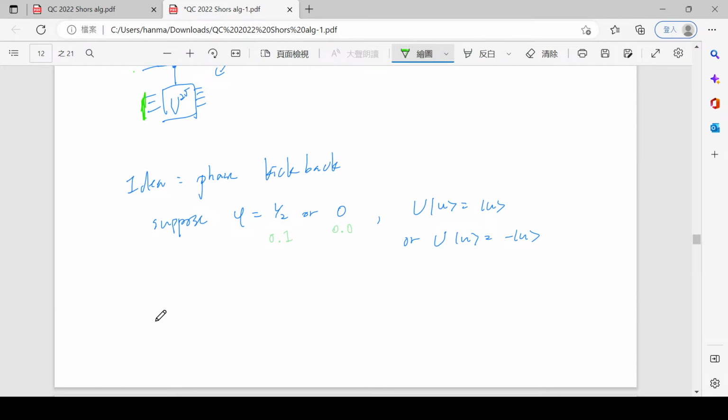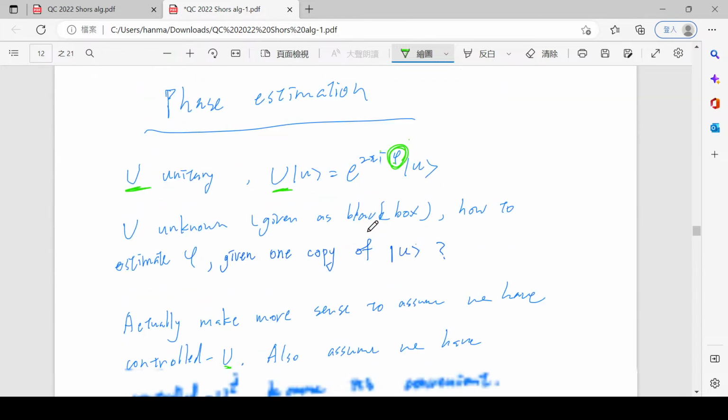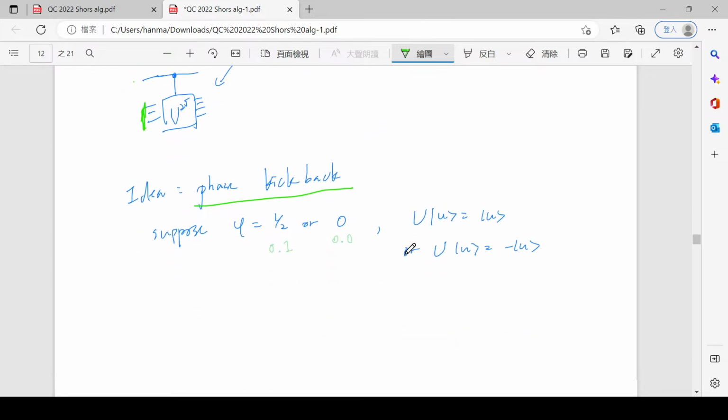The idea is doing phase kickback. Now this is something we have heard of, right? So phase kickback, and let's see this in a very easy example.